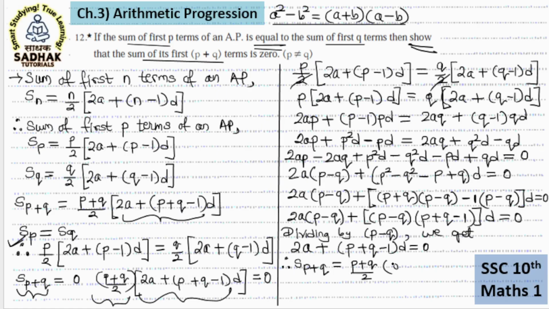Okay, multiplied by 0. So therefore the sum of first p plus q numbers is equal to 0, because 0 multiplied by any number is 0. Okay, so hence proved, we have proved it. Okay, so this sum is a bit tricky, but I hope if you watch it again you will understand.